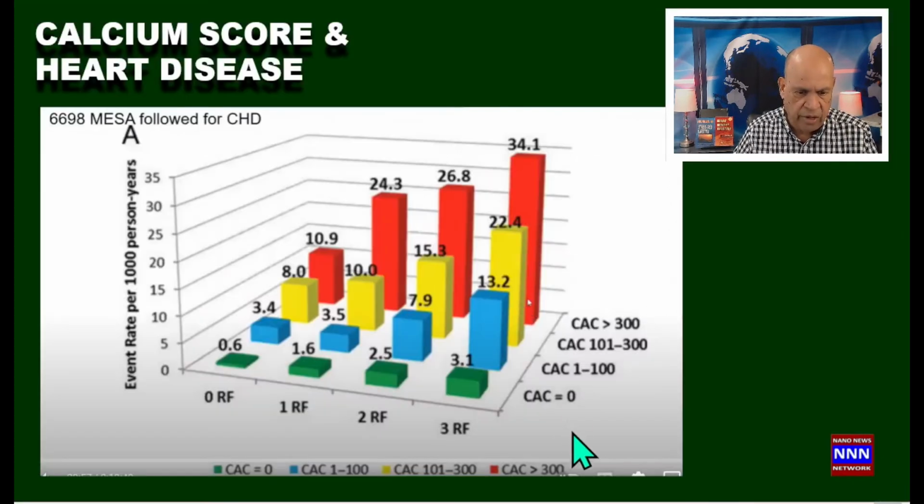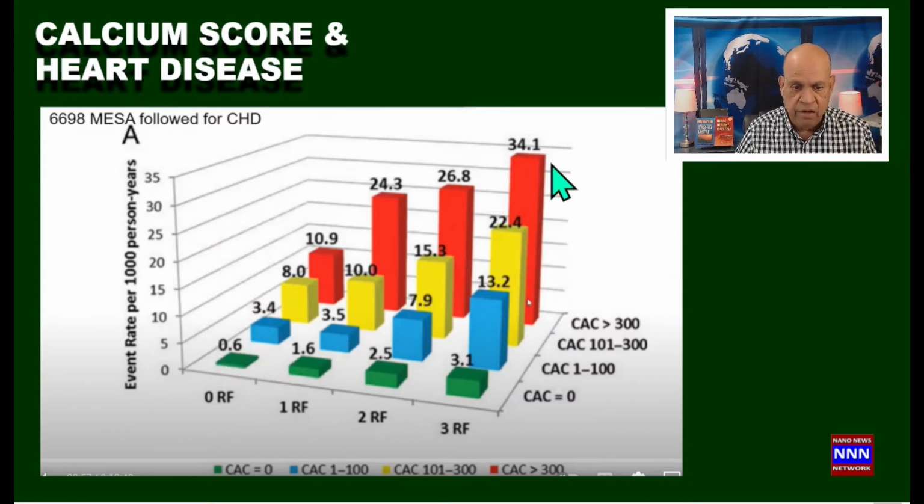Okay, here is another way of looking at it, and that is if the calcium score is 0 and you have no risk factors like hypertension, diabetes, or peripheral vascular disease or high cholesterol, then your risk of cardiovascular events is exceedingly small.